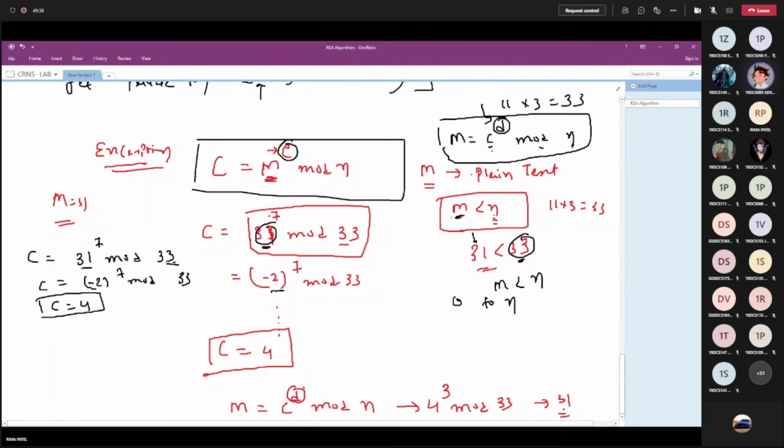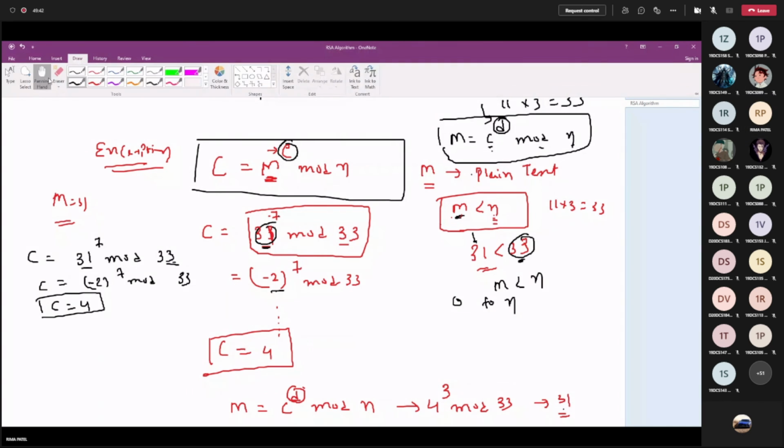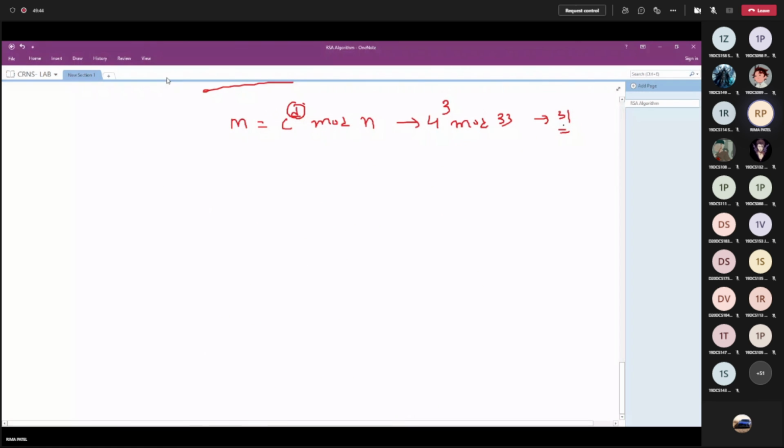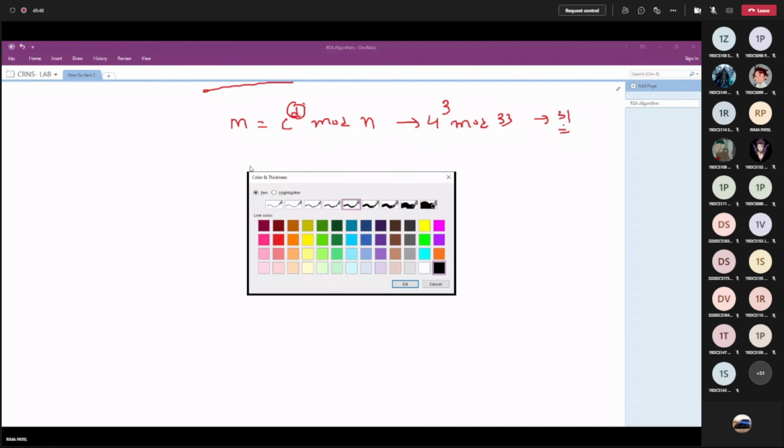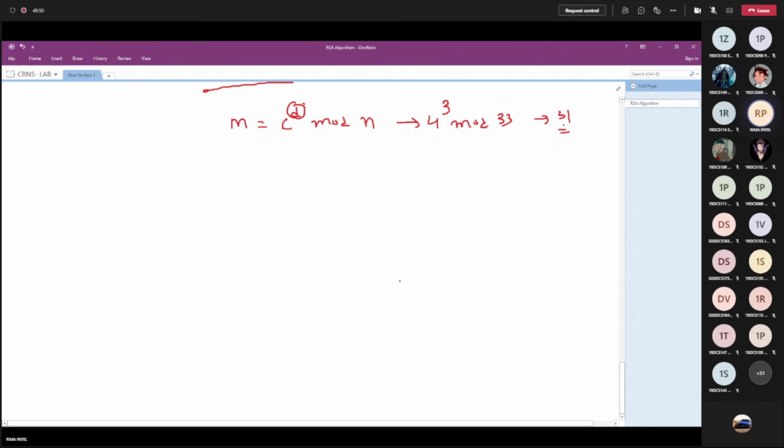Ma'am, please decrypt once again and show. Yes. What is the equation? C raised to D mod n. So C we found is 4. The value of D was 3 as we have calculated, mod 33.